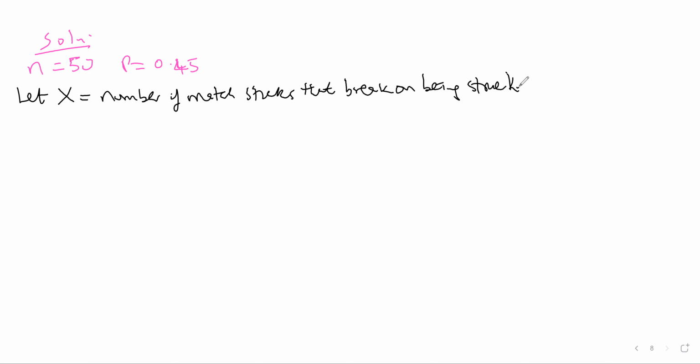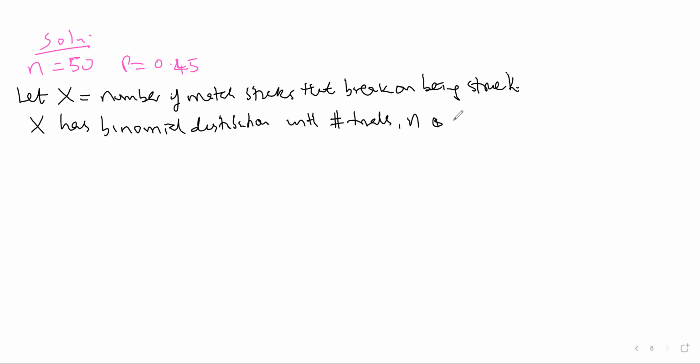So that is your random variable, X. So here we are saying that X has binomial distribution with number of trials N and probability of success P. I should be saying here N is equal to 50.